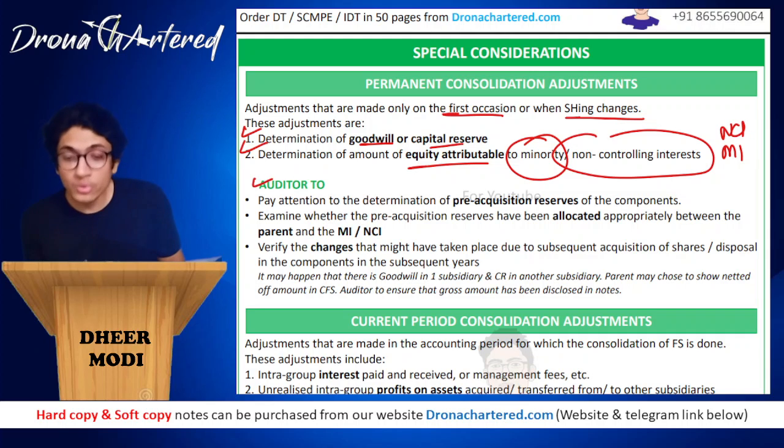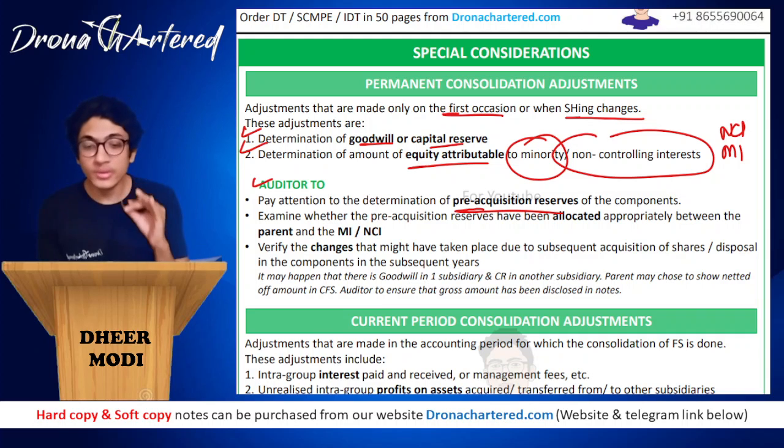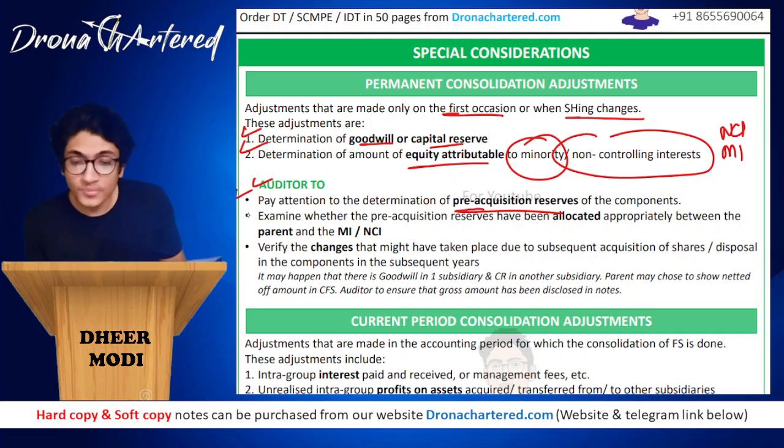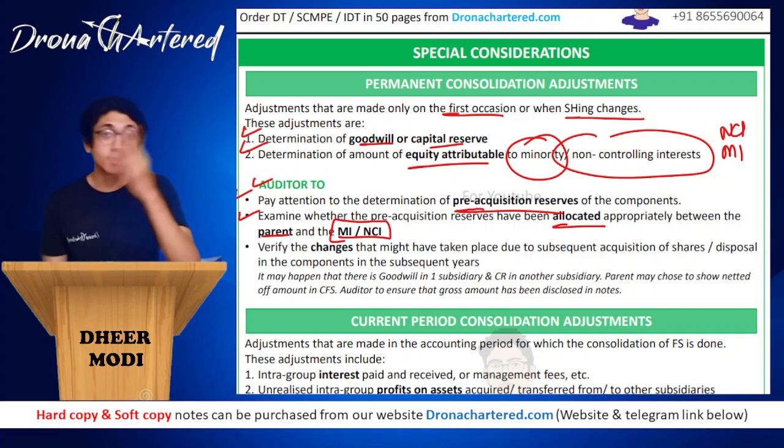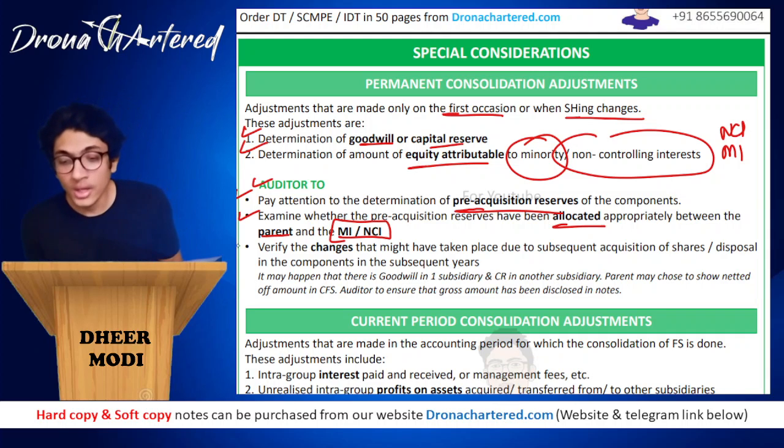Now, what shall the auditor do? The auditor is to pay attention to determination of pre-acquisition reserves, because your pre-acquisition reserves will be adjusted against your cost of investment. Next, examine whether pre-acquisition reserves have been allocated appropriately between the parent and the MI or NCI. That means the proper bifurcation is done or not.